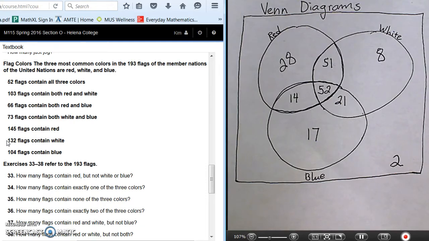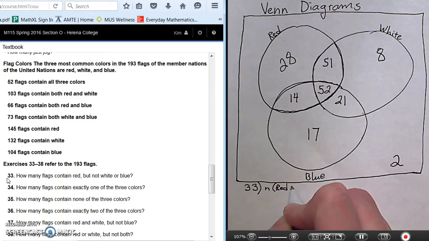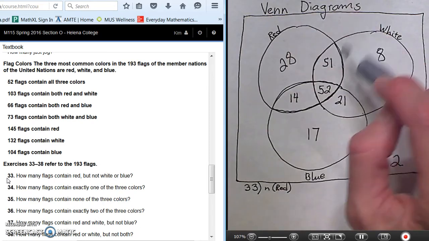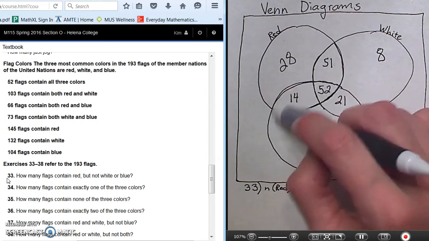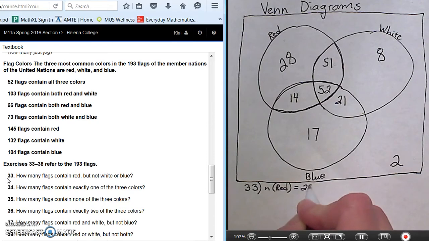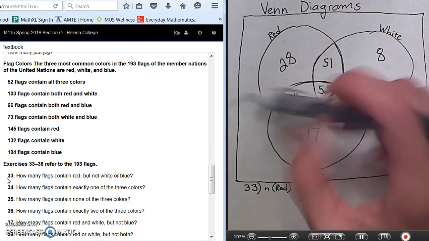Now if we take a look at question number 33 on the left-hand side, question 33 says, how many flags contain red but not white or blue? So 33 is asking for the number of red flags that do not have white or blue. So if I look at my circle of red, I do not want the values where white and blue overlap with the red circle, and that leaves just 28. There are 28 flags that have red in them that do not have white or blue.